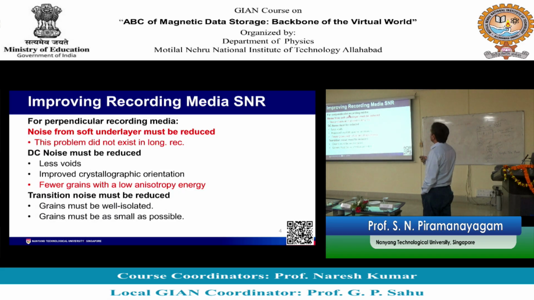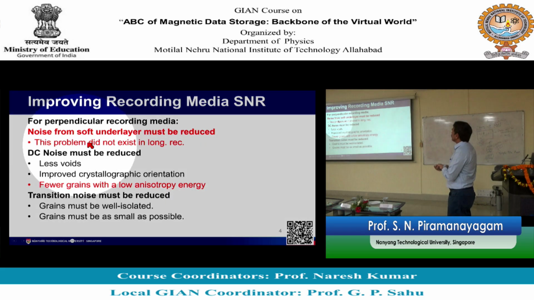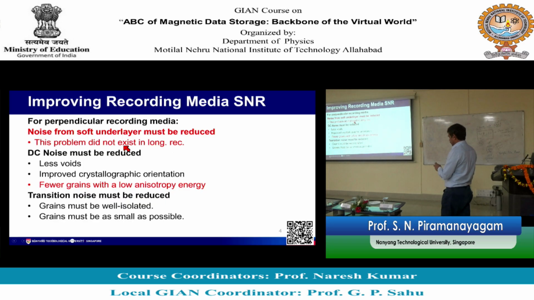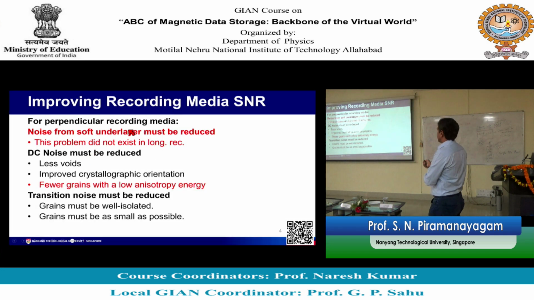If you remember, there was a soft magnetic layer below the recording layer. That will also be a source of noise, that will generate some magnetic field. So, there will be some noise coming from this soft underlayer, and this also has to be solved. This problem is unique to perpendicular recording. This problem did not exist in longitudinal recording, but it was a headache for many years. People took a long time to solve this problem, but finally they managed.